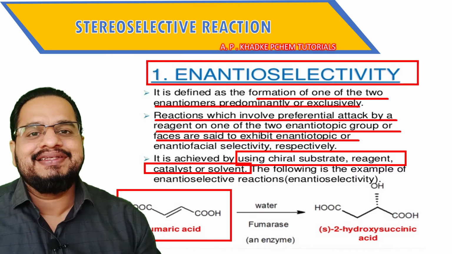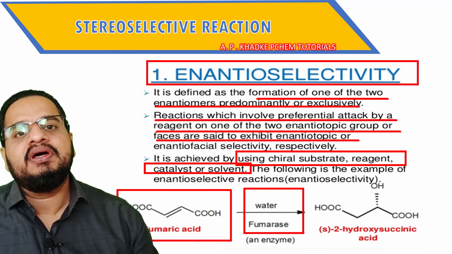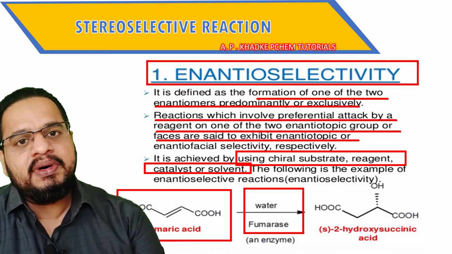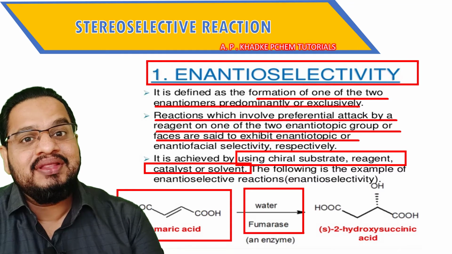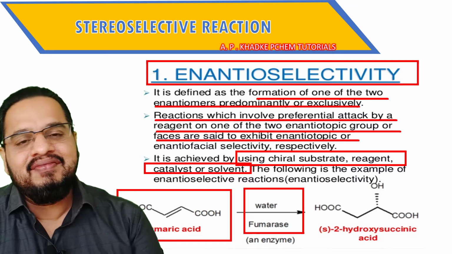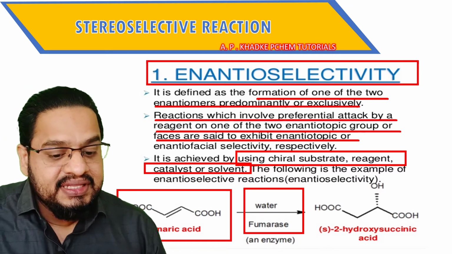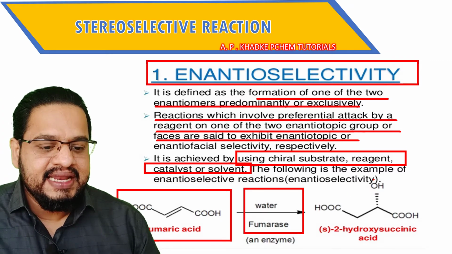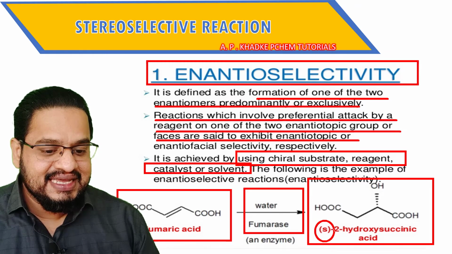See, this is fumaric acid and we are going to treat it with the fumarase enzyme. Now remember, these enzymes which occur naturally in nature are pure in their isomeric form. Either they are R or they are S. That means they provide an asymmetric environment, and when the fumaric acid reacts with fumarase, that is, the fumarase enzyme acts upon the substrate fumaric acid, you get the compound which is the S isomer.